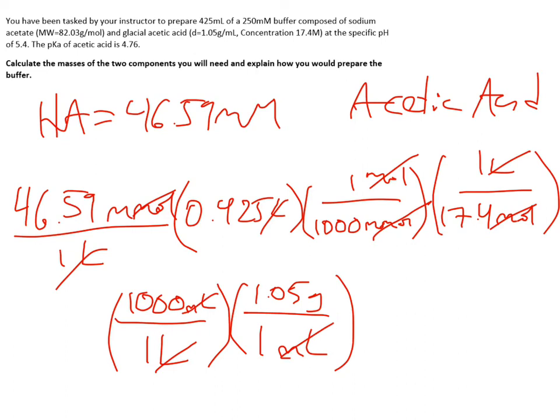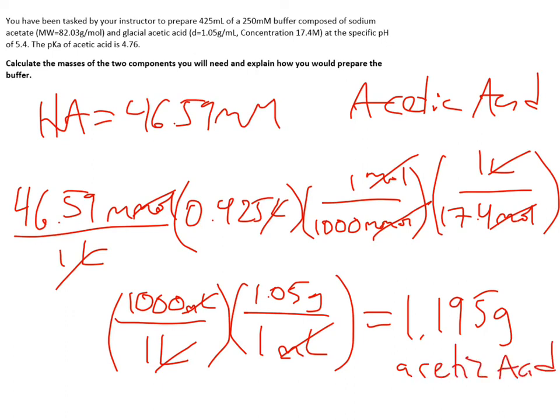So I'm going to plug this in, 46.59 times 0.425 divided by 1,000, divided by 17.4 times 1,000 times 1.05. We get 1.195 grams of acetic acid.